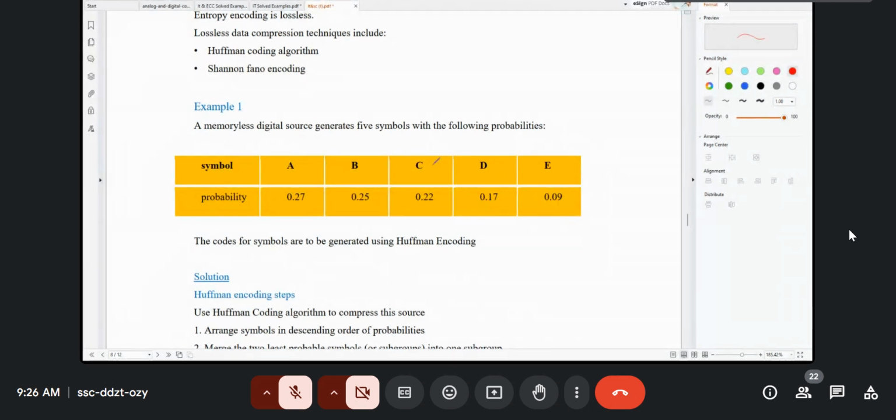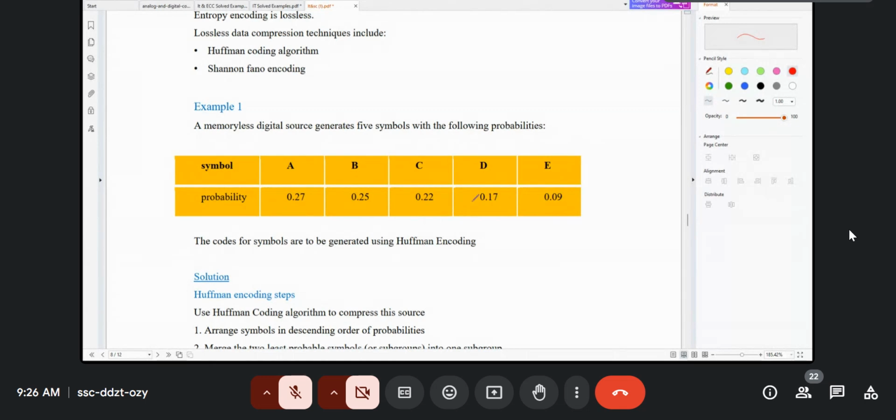It means maybe you have done an experiment, you have written a passage, and with that passage you're only using these 5 symbols. We know it's not practical. You need more vowels, you need other consonants, but you're only using these 5 symbols. And you have found that this is the probability.